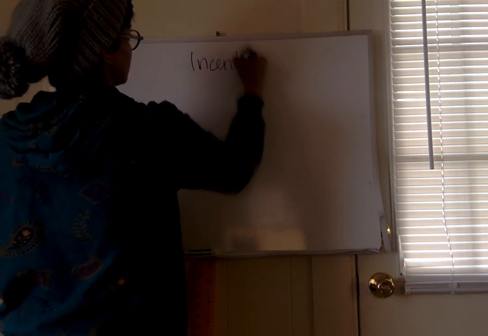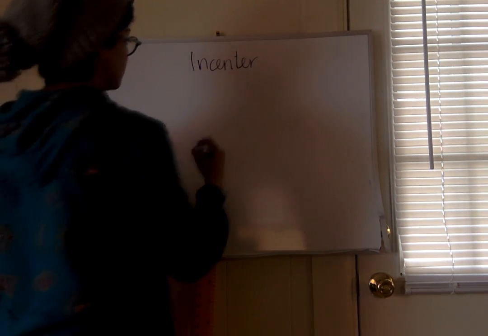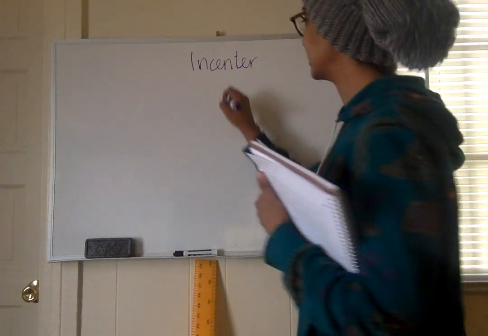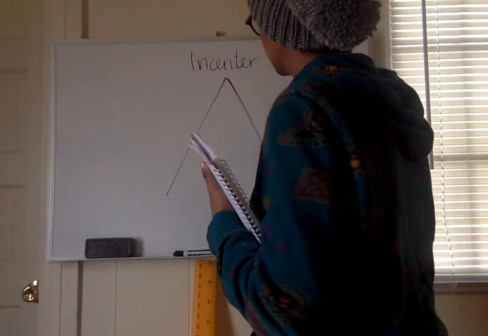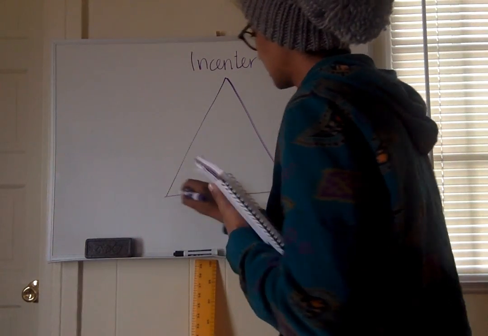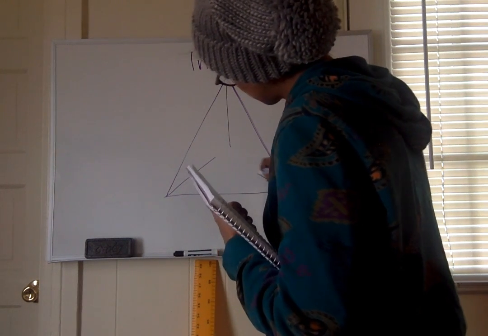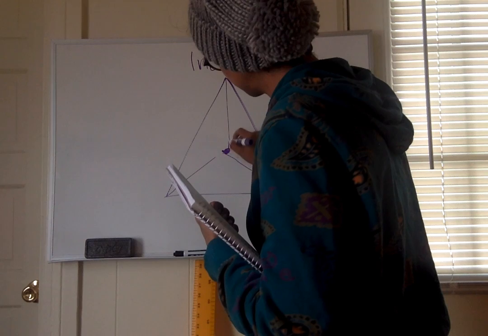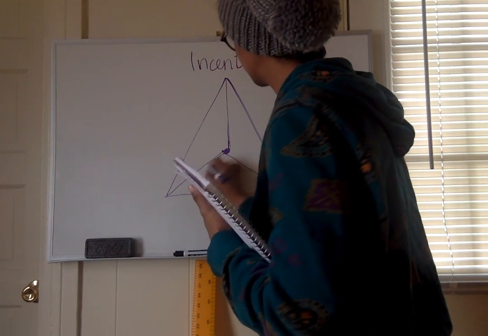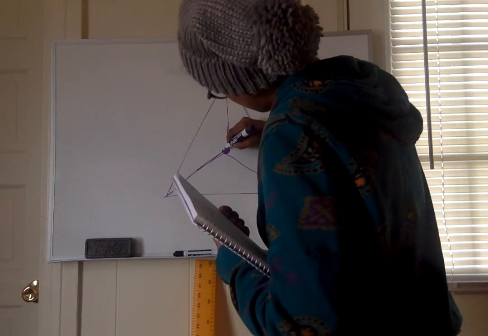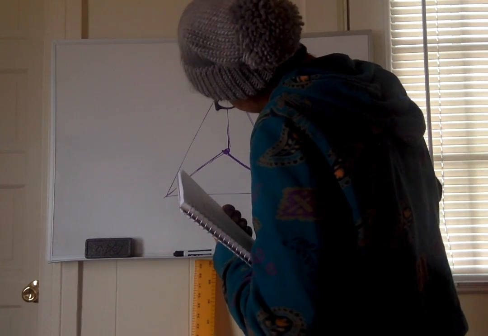You should have your notes on it. If not, incenter is made up of your angle bisectors. So I got this one, and that one. They sort of meet like right there. I know it's kind of crappy, but what are you gonna do?